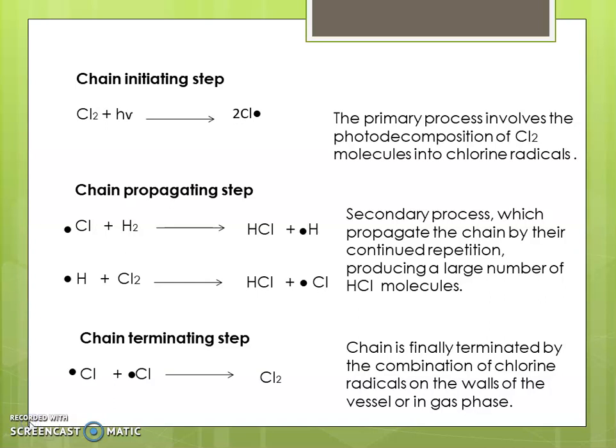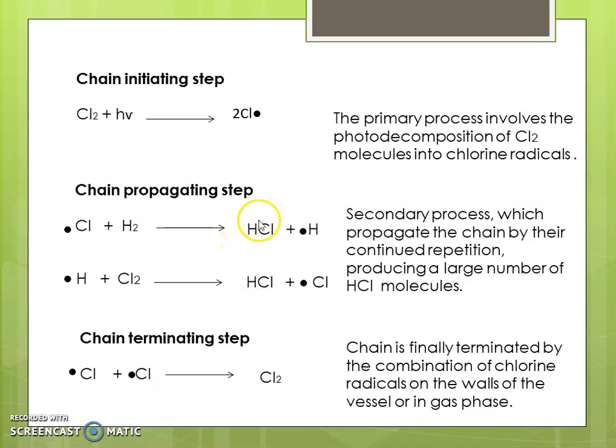Next, we are discussing why this photochemical reaction has higher quantum yield. Chain mechanism is the reason that we had already discussed. And why does this have higher quantum yield? These two steps in the chain propagating step are exothermic in nature and have low activation energies.